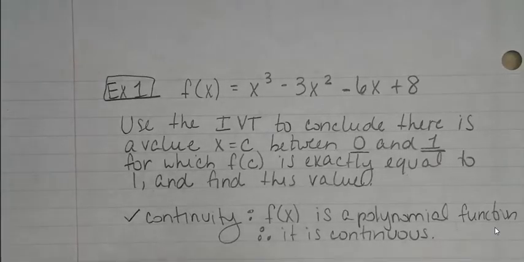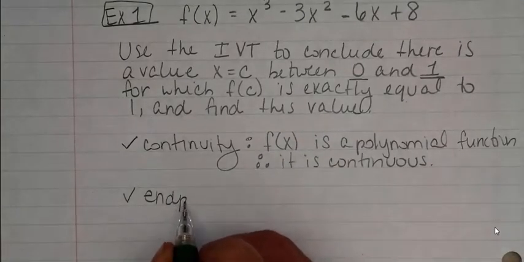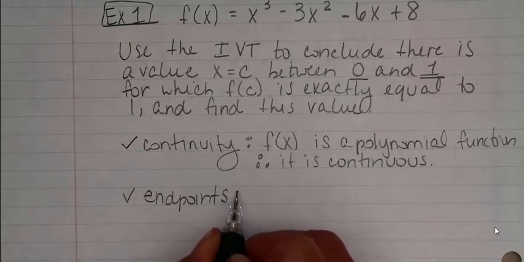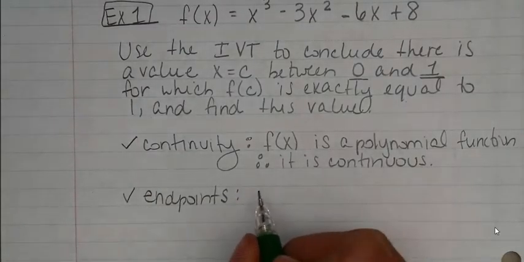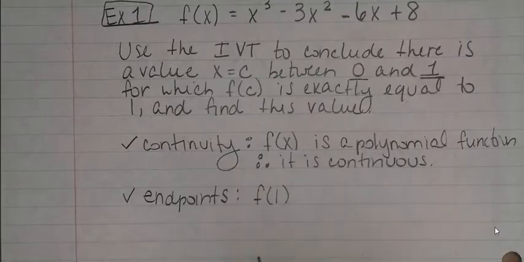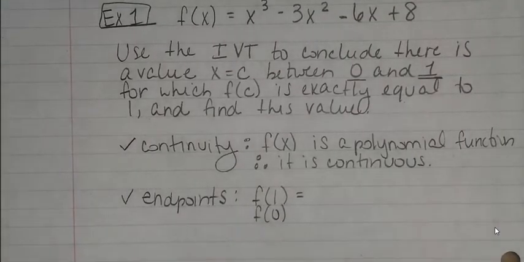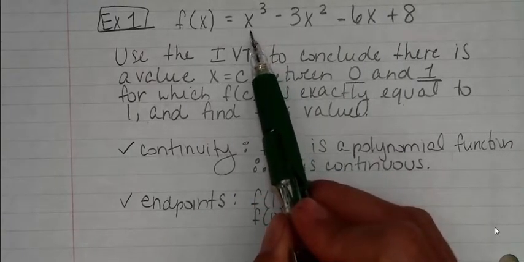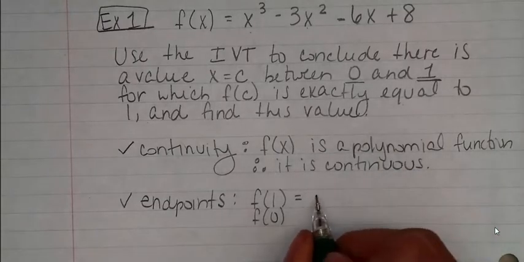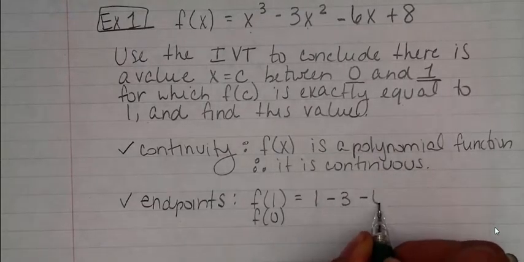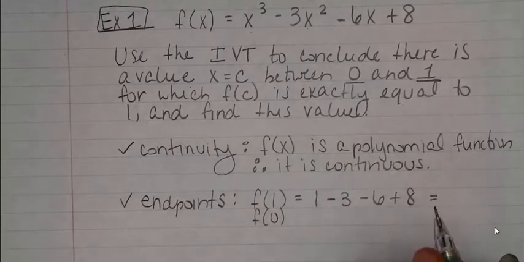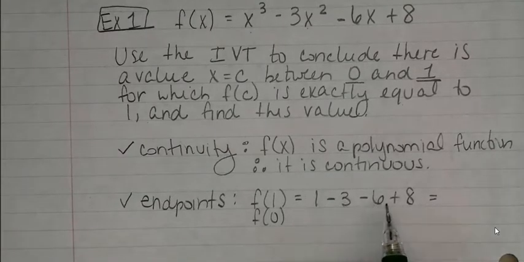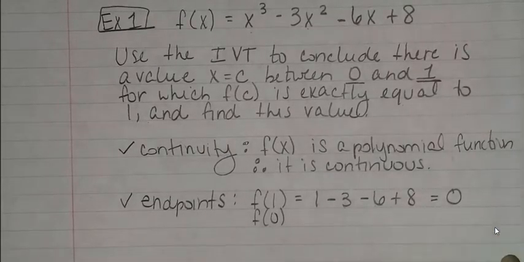So the first thing I'm going to do is check my endpoints. What is f of 1 and what is f of 0? Just plugging back in, that's going to be 1 minus 3 minus 6 plus 8. So negative 2, negative 8 plus 8 is going to give me 0.